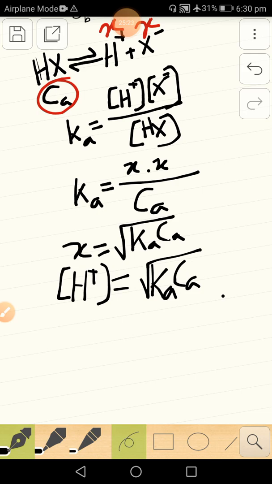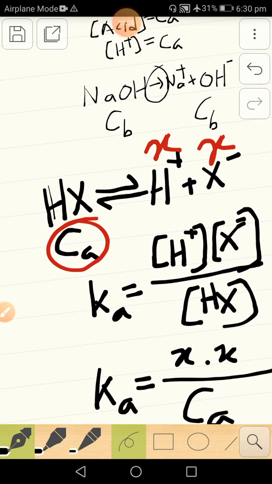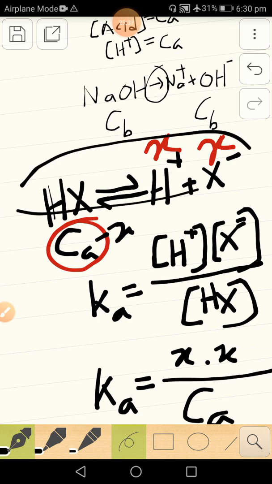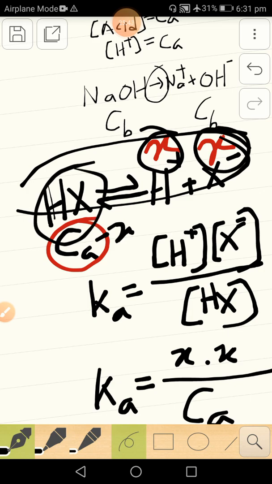Okay, so you might argue that after dissociation we should have subtracted x from Ca, but at the very first I told you that in case of reversible ionic dissociation, the amount of dissociated product would be extremely negligible in comparison to the amount of reactant provided. So the value of x here is very, very small compared to the value of Ca.